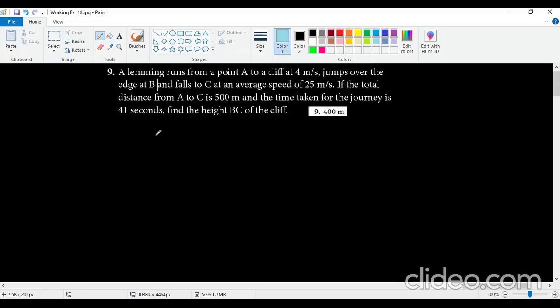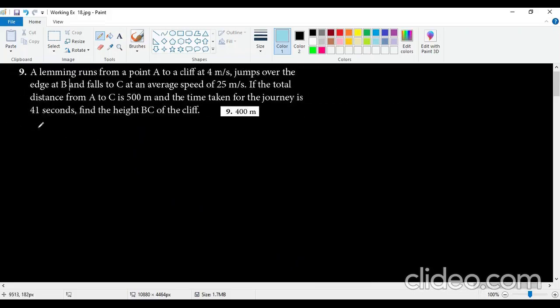That means let the distance AB equal x and BC equal h.